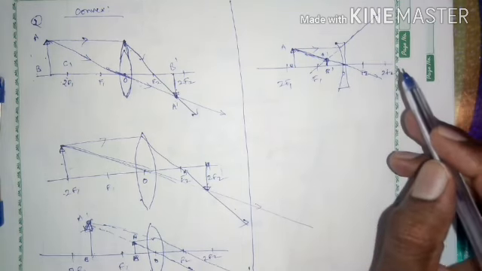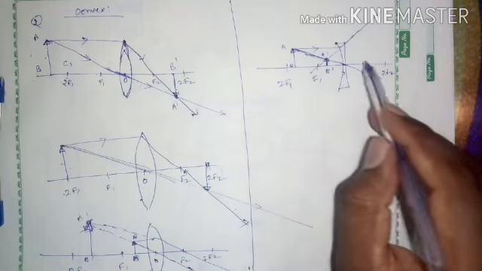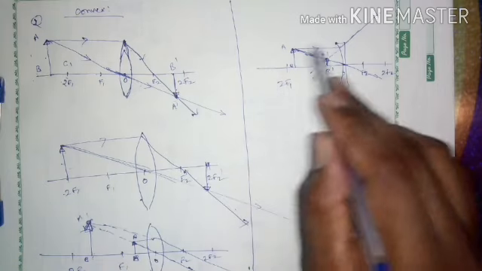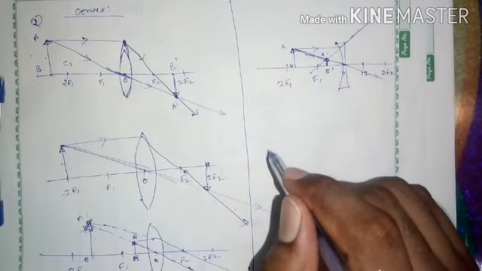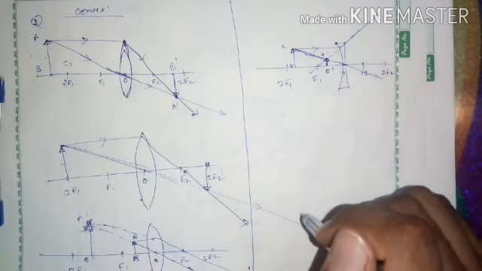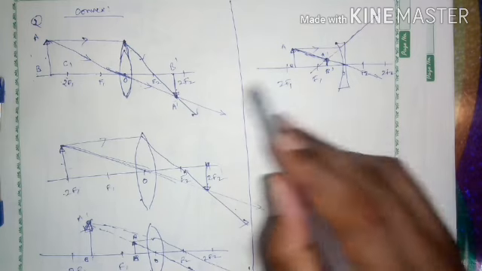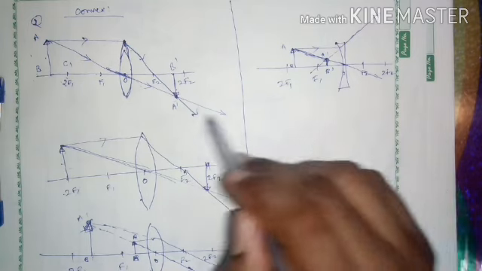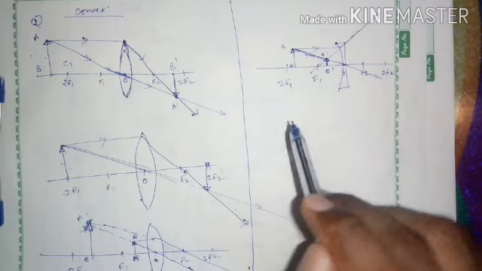If we use a scale and pencil, we can obtain neat diagrams. Just practice and draw various diagrams again and again, then only we can obtain neat and clean diagrams.